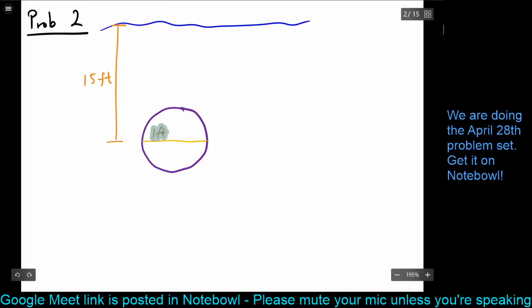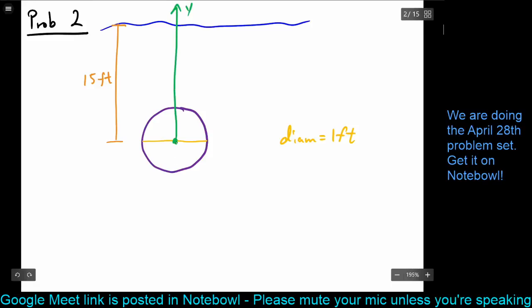So actually, let me get rid of the 1 foot here. And let's just write this over here. The diameter is 1 foot. So what I'm going to do is say, okay, this is the center of the circle right here. I'm going to put the origin of my coordinates right here.